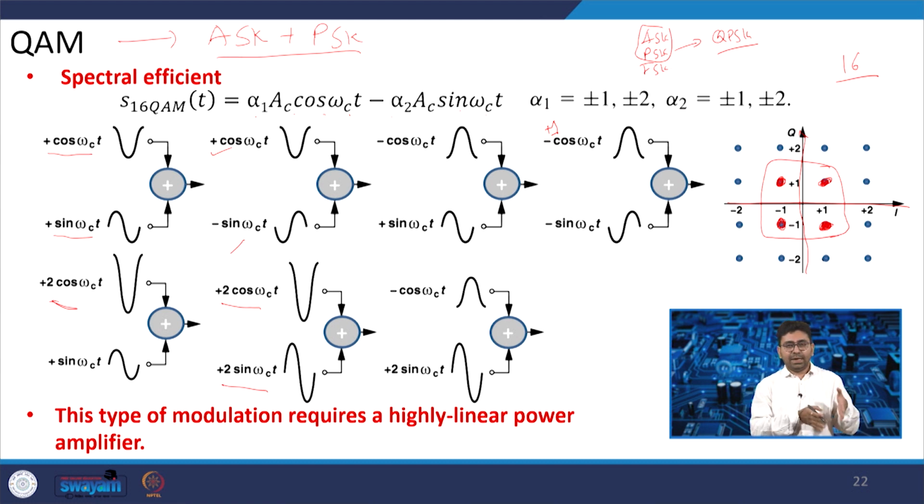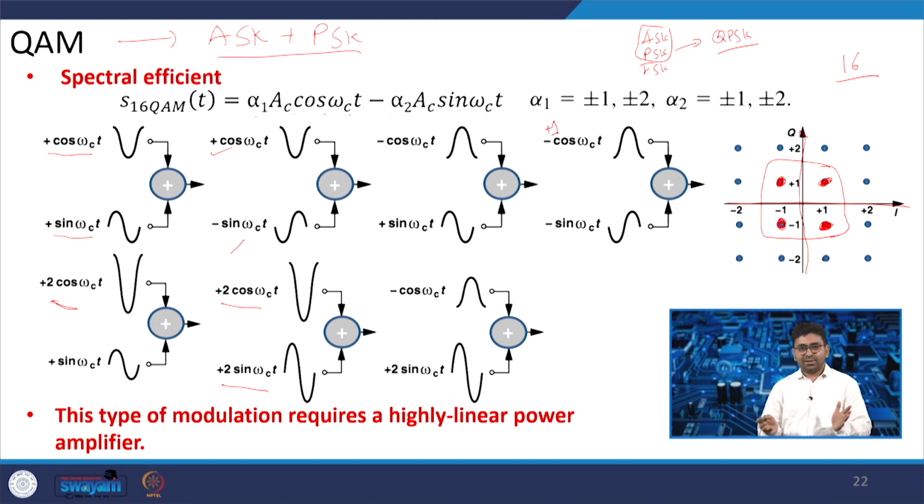Let us say in high frequency communication we use a DAC, a digital to analog converter, to convert the digital signal to analog. But if your data rate is too high, and a sufficiently fast DAC is not available, then it is better to do this QAM at analog, and it will help you to get a highly efficient QAM.